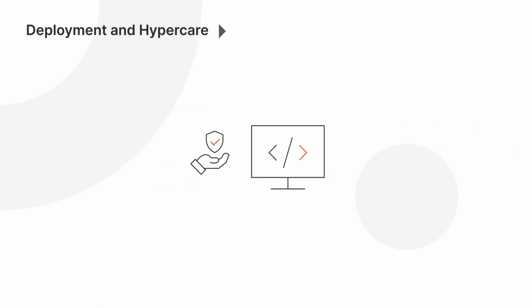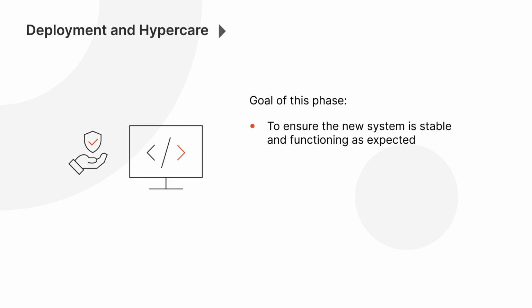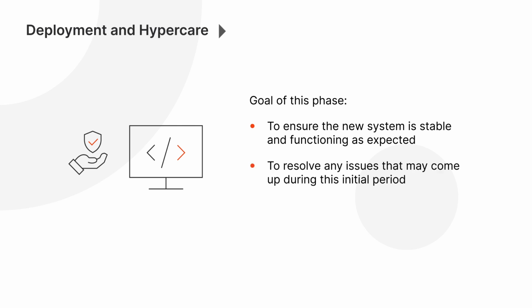Hypercare is a time of increased monitoring and support to ensure that any issues that arise are quickly identified and addressed. The goal of the hypercare phase is to ensure that the new system or release is stable and functioning as expected, and to resolve any issues that may come up during this initial period.